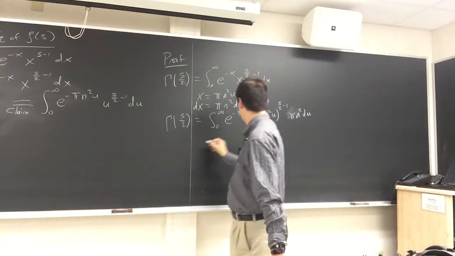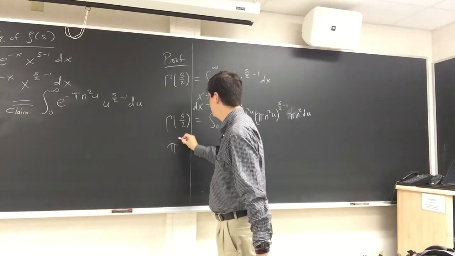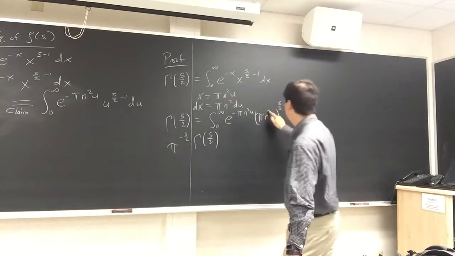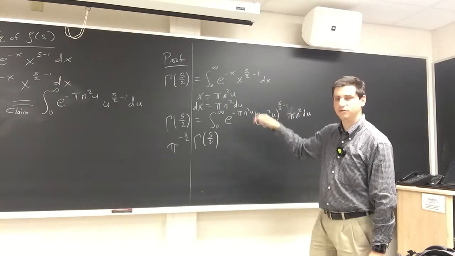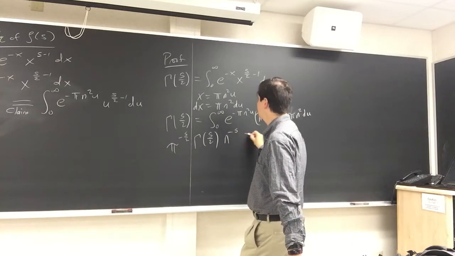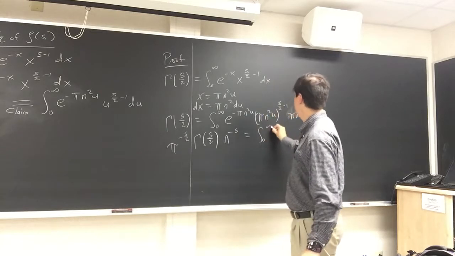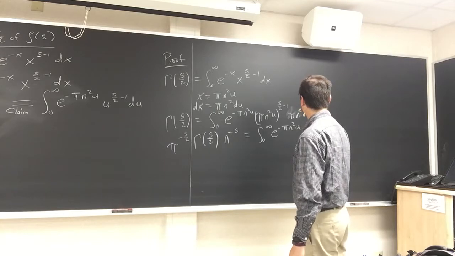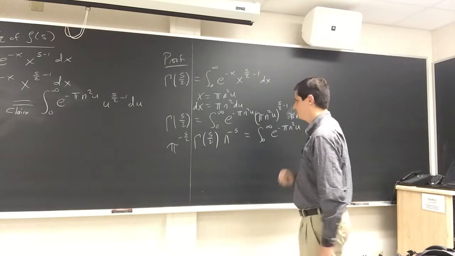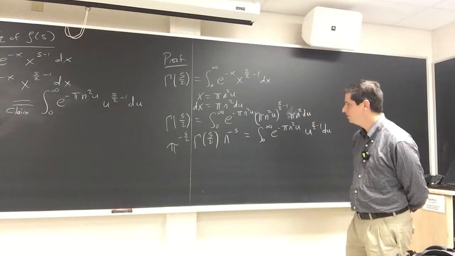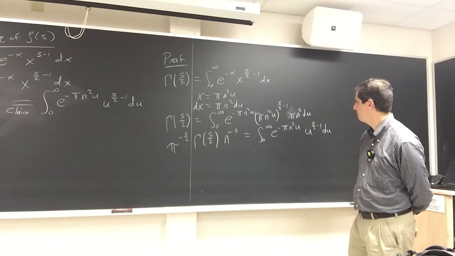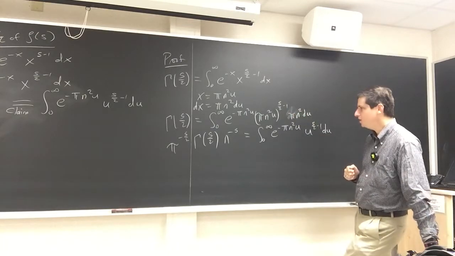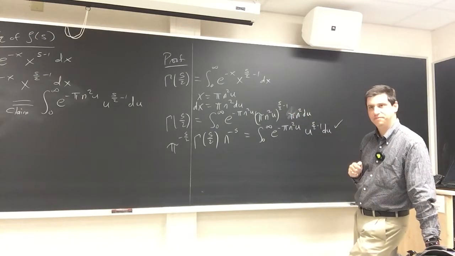So when I bring it all over, I now have pi to the negative s halves, gamma of s halves, and then I'll have an n squared to the s halves. That's an n to the s, comes over on the other side as an n to the minus s, is equal to the integral from 0 to infinity, e to the negative pi n squared u, u to the s halves minus 1 du. Did I lose something? No, that's canceling. OK. All right, so that proves the first claim.